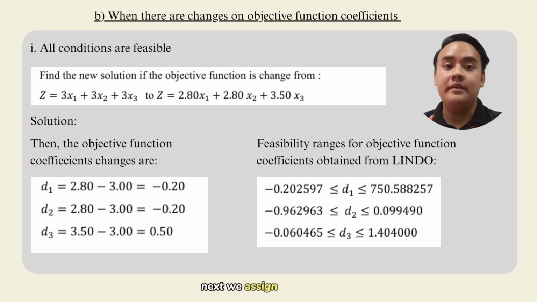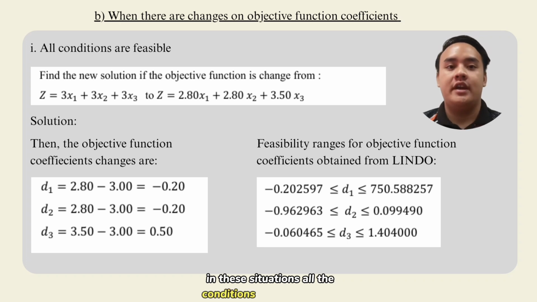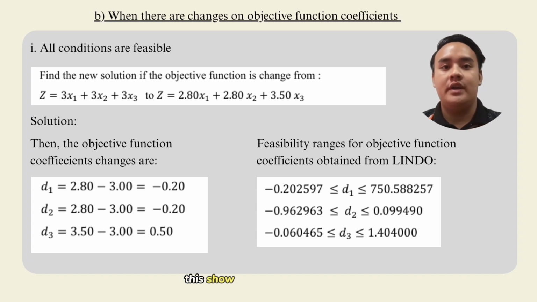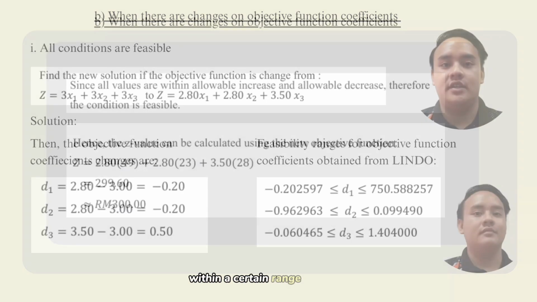Next, we examine the changes in the objective function coefficients. These coefficients determine how the decision variable contributes to the objective value. In these situations, all the conditions remain feasible even though the objective function coefficient changes. This shows that the model remains stable within a certain range.